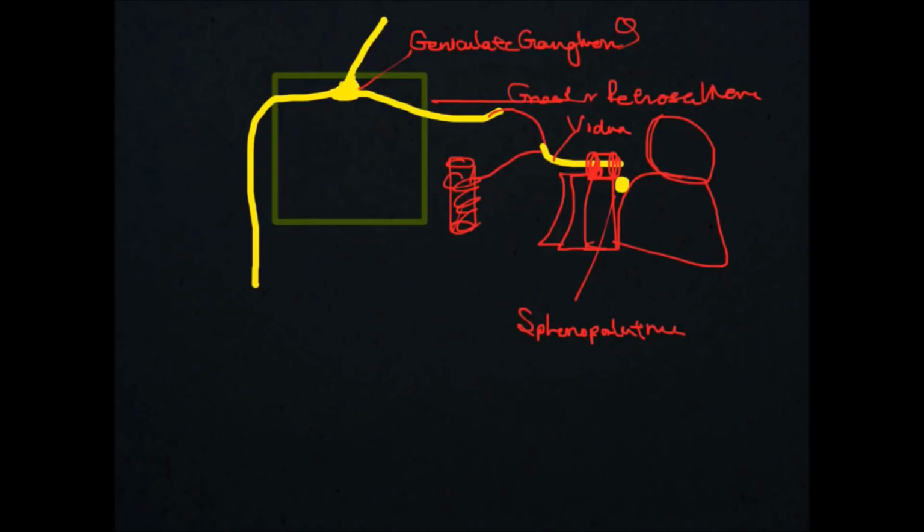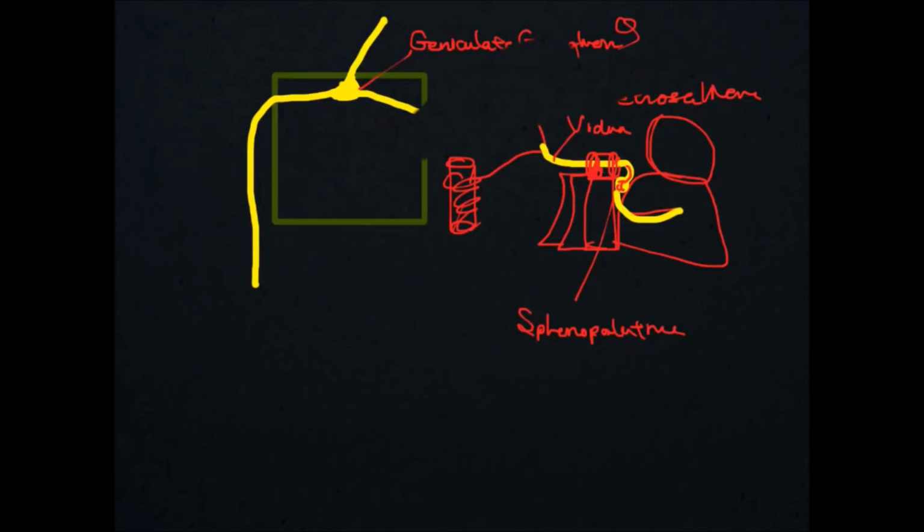Here it relays and then supplies the nasal mucosa. So very simple. I hope it is quite simple. So the secretomotor fiber or the parasympathetic supply is from the sphenopalatine ganglia. A very important clinically correlated thing is vasomotor rhinitis.